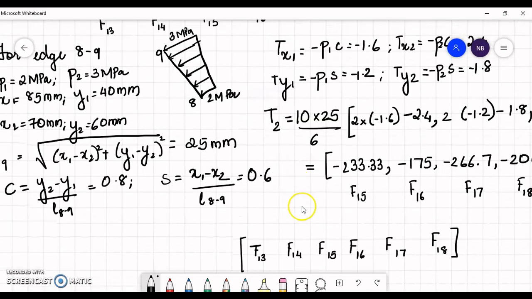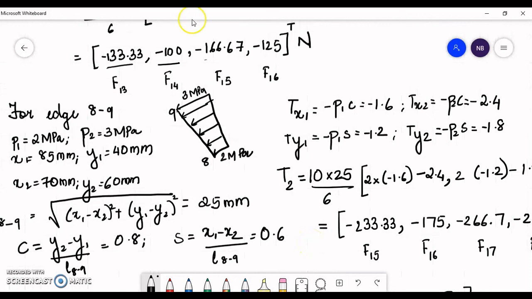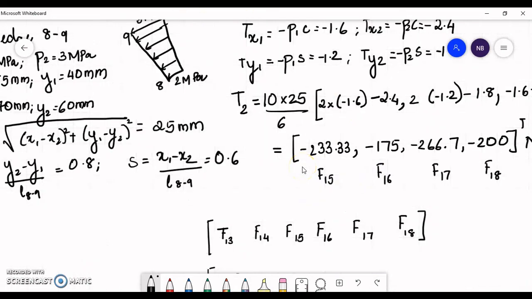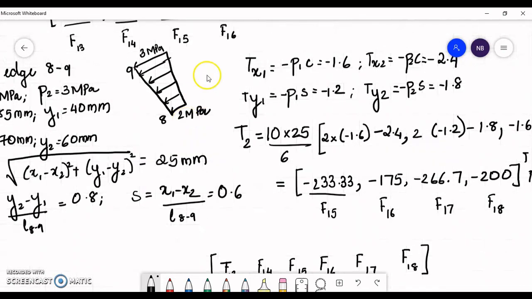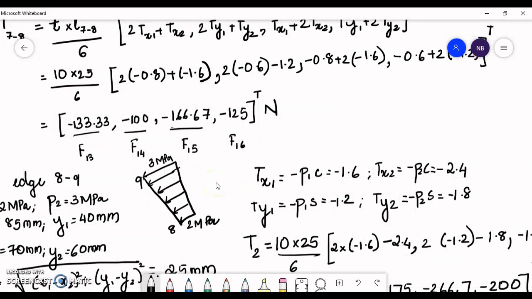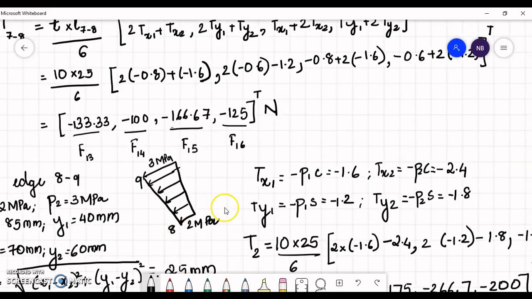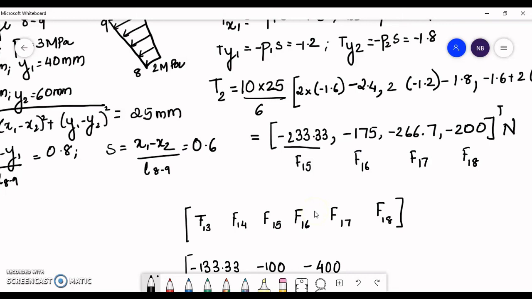F15 is the addition of minus 166.67 and minus 233.33. The addition of these two terms is minus 400. F16 is the addition of minus 125 and minus 175, and it is minus 300.